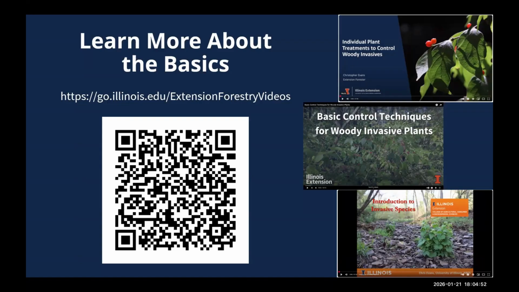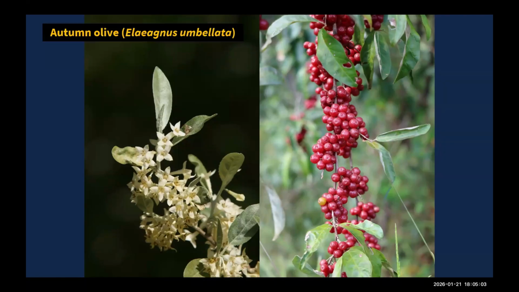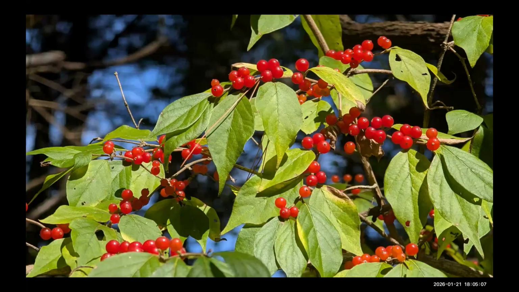We do deal with a lot of invasives in Illinois, including a lot of woody ones. A lot of you are probably familiar with some of these, like autumn olive, that's in our open areas and forest edges. I would be willing to bet that almost everybody's familiar with amber honeysuckle or bush honeysuckle, a very big invasive.